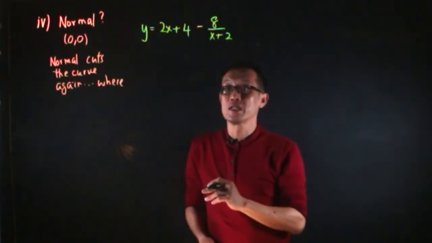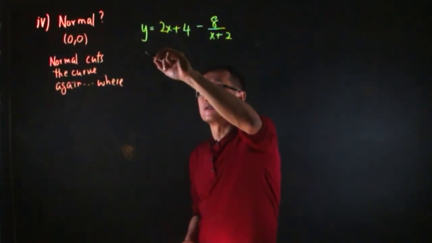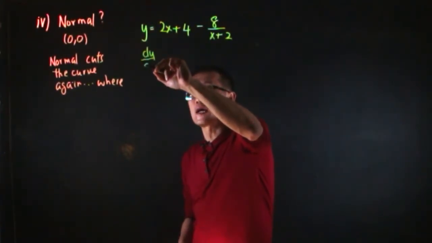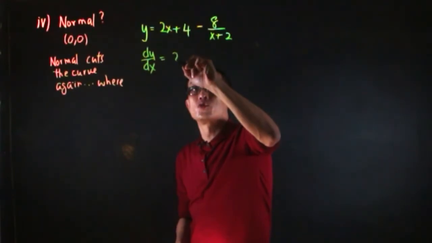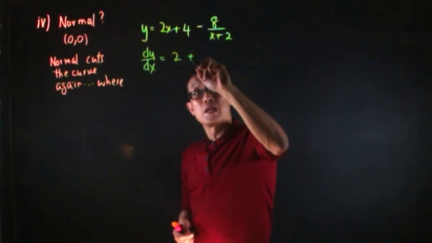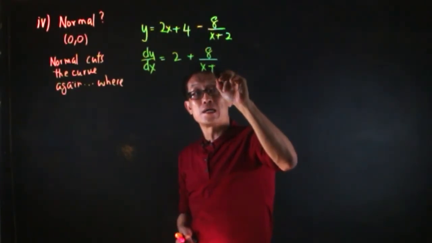Now we can differentiate this to find the gradient of the tangent. So dy by dx, you will have 2 plus 8 over x plus 2.